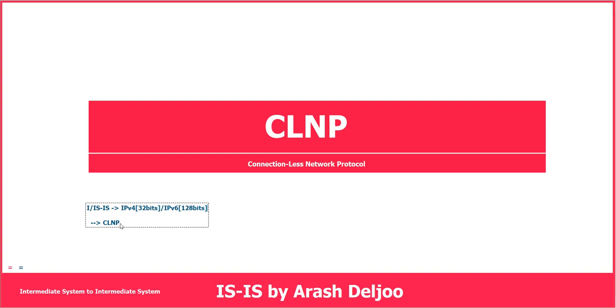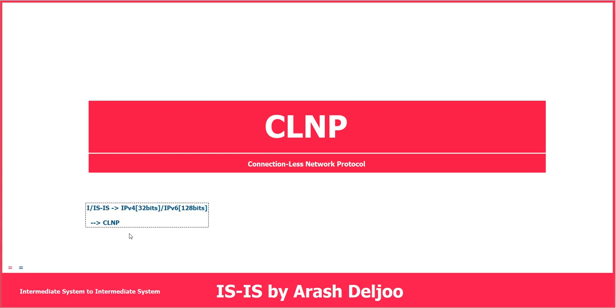CLNP is not a practical address in today's networks, but because the origin of ISIS is the OSI, we should learn CLNP for learning ISIS. Because of that, I'm going to talk about the CLNP with some details that maybe you don't need today, for example, in the configuration of ISIS, but I'm going to talk about more than you need in this course about the CLNP.